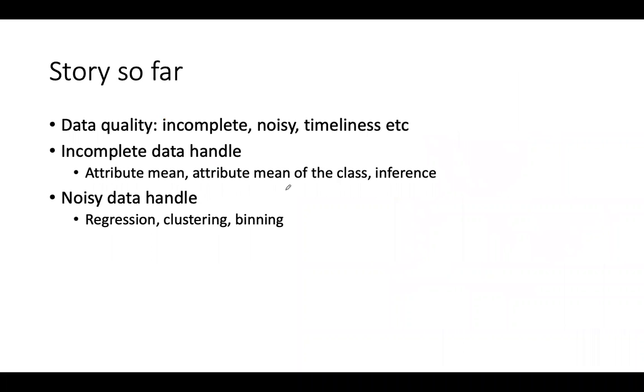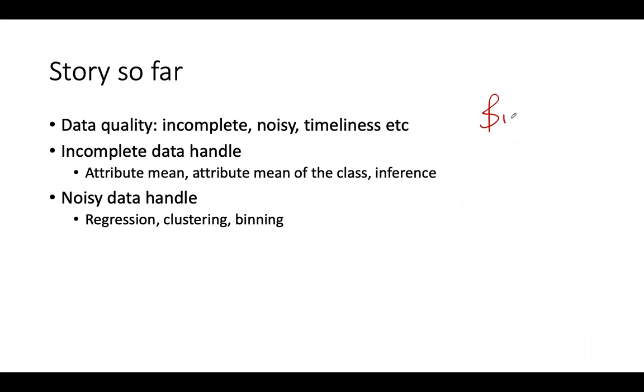So what's the story so far? We can say in conclusion that many data smoothing techniques can be used for data discretization, which is just another form of data transformation, and data reduction. In fact, we already looked at binning.